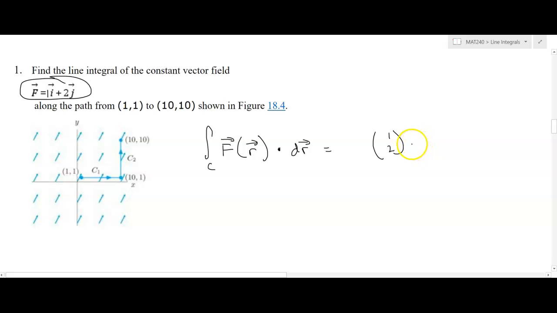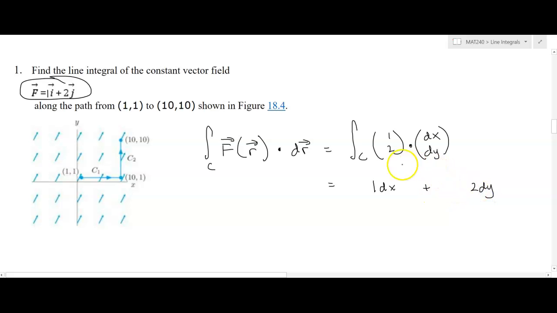And now we're going to dot that with the dx, dy vector. But here's the thing, I have to specify boundaries for these because this is over a curve, but there are actually two things changing. There's an x component and a y component. So we're going to write it like this, over the curve. And so if you dot these things together, you see that we have 1 dx plus 2 dy.